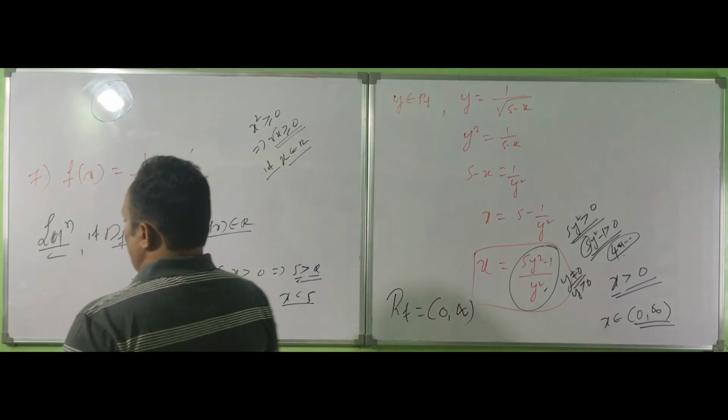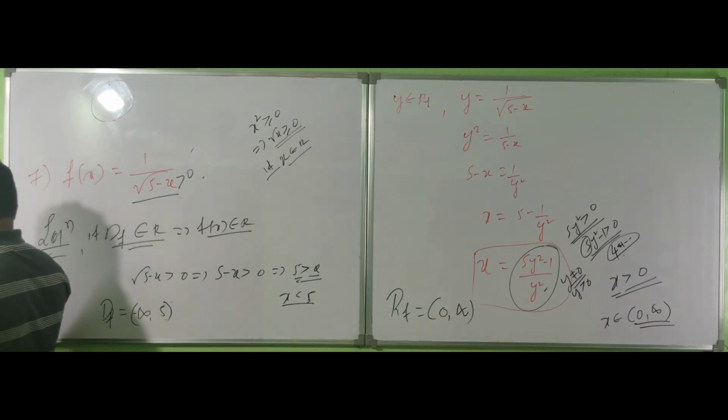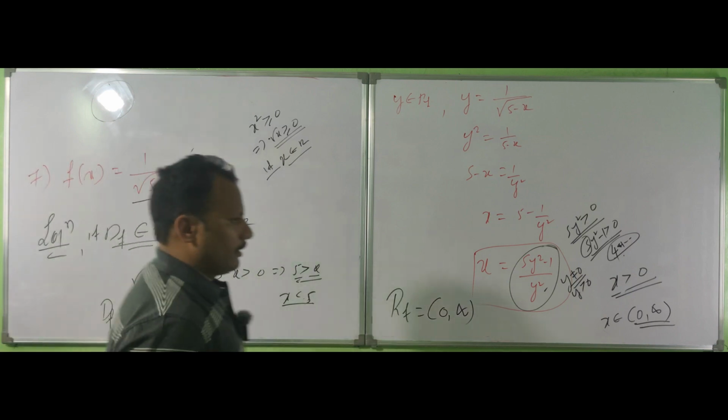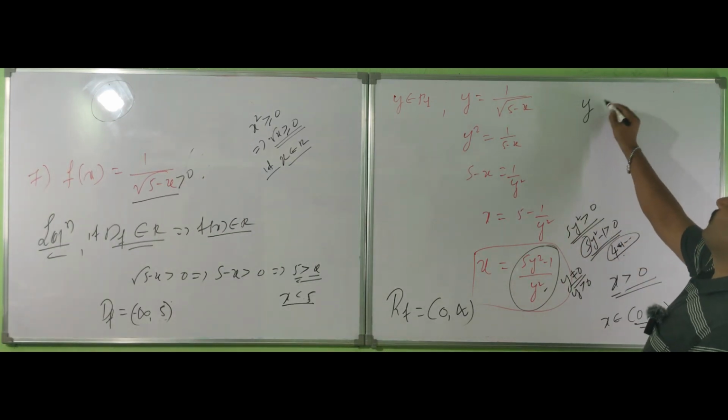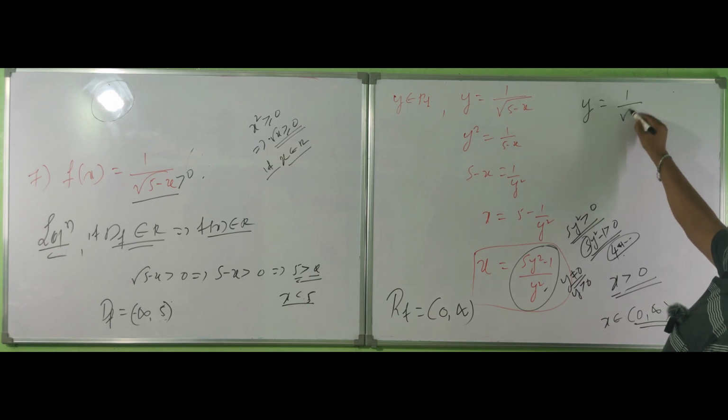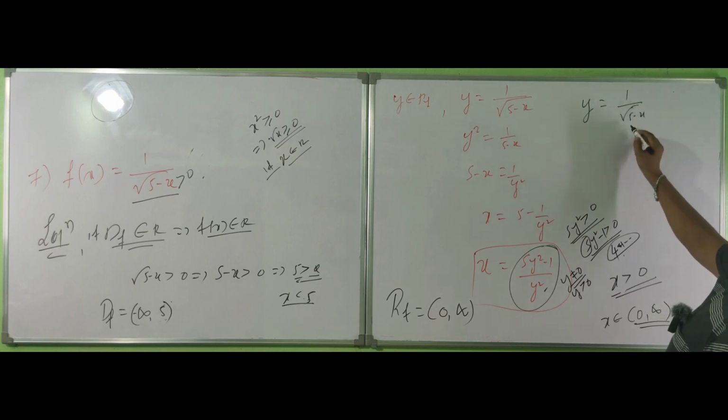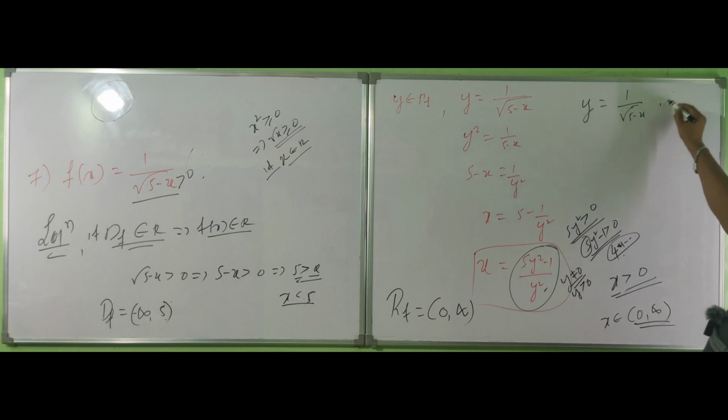Okay, so what is given in the book? Sir, they have given it like that only. If y is equal to 1 over root of 5 minus x, then 1 by a is always greater than 0 if a is greater than 0.